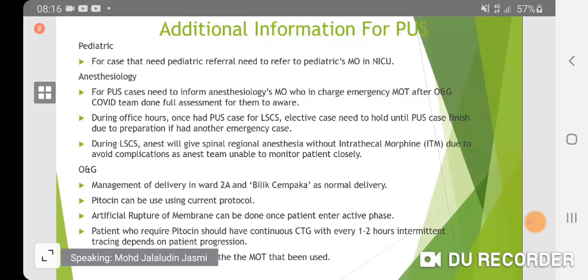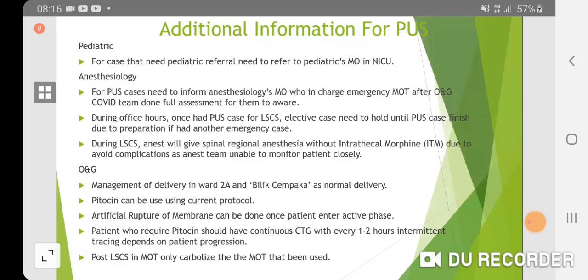We also can do artificial rupture of membrane once the patient is in the active phase of labor. The patient who requires pitocin should have CTG every 1 to 2 hours. Intermittent tracing depends on the patient's progression. This should be on a case-to-case basis and discussed with the specialist.